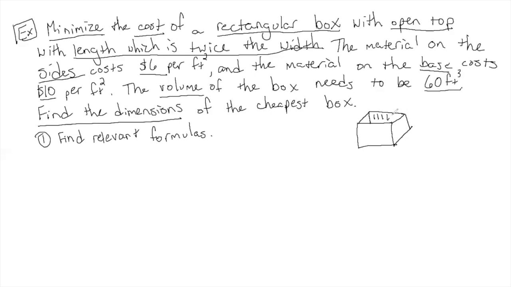Fine, and I'll draw lines on the inside like this to signify that it's an open box. There's no top, right? Okay, and let's call this W, this length here. So this will be the width, this will be the length, and then this will be the height, right?